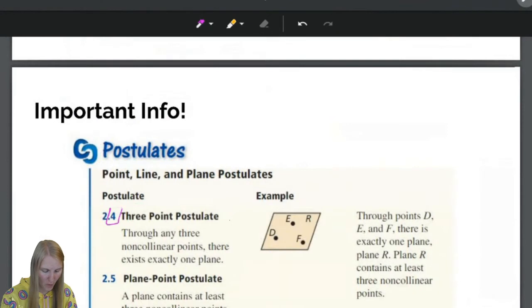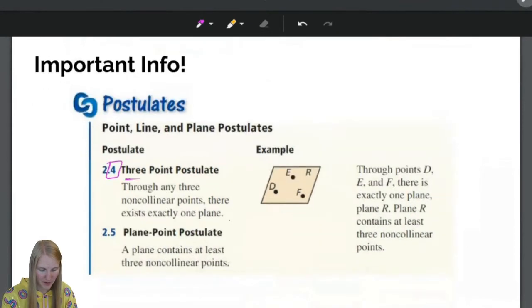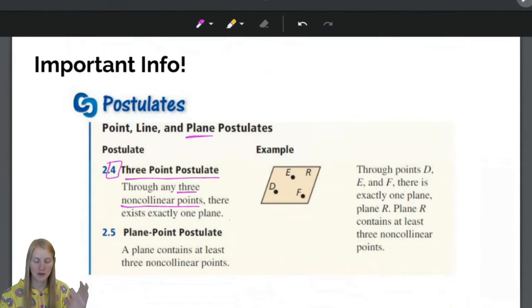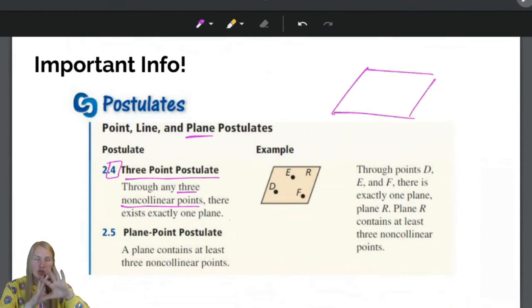Postulate number 4 is the 3-point postulate. So now we're going to talk about planes. We said point, line, and plane postulates, so these postulates are going to talk about planes. Through any 3 non-collinear points, and we talked about this in chapter 1 actually, the thing that makes a plane 2-dimensional is that you have 3 non-collinear points.